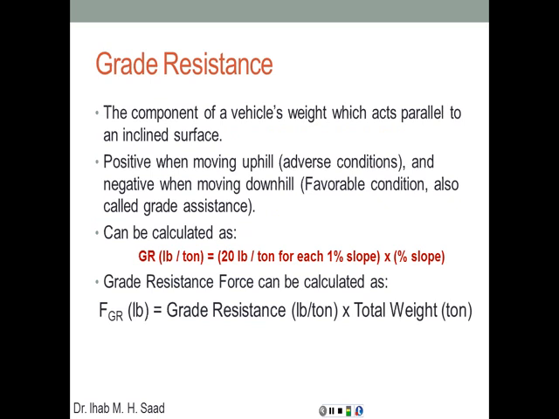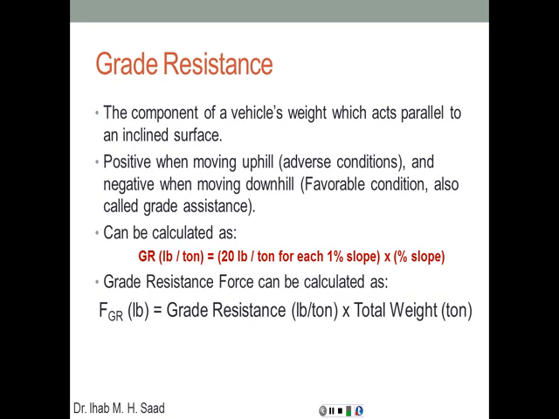The second type of resistance is the grade resistance, which is the component of a vehicle's weight which acts parallel to an inclined surface. It can be positive when moving uphill. Contrary to our intuition, you might think that positive is something good that helps and negative is something that impedes.